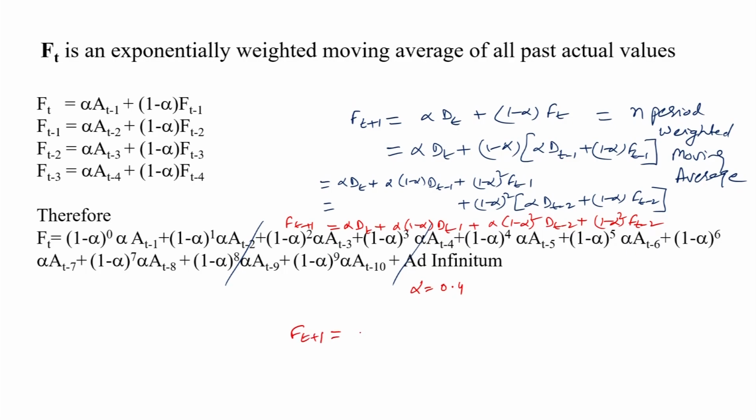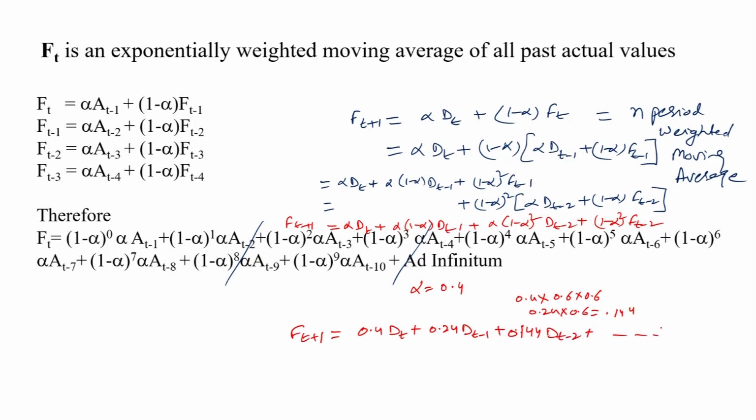F t plus 1 is equal to 0.4 d t plus 0.4 into 0.6, that is 0.24 d t minus 1, plus 0.4 into 0.6 into 0.6, that is 0.24 into 0.6, so 0.144 d t minus 2, and plus keep on doing that.